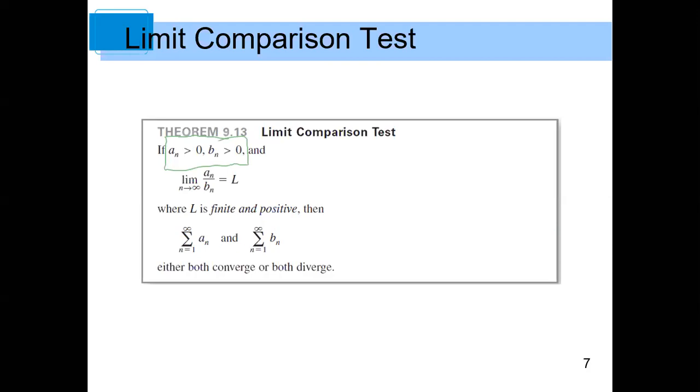But for limit comparison, that is not a critical assumption at all, okay? But what we do is we find a series that is easier to work with, that we understand, and that has the property that when you take the ratio of the terms and get some positive limit, then those two series will behave the same. They either both converge or both diverge. Okay? Any questions on that?